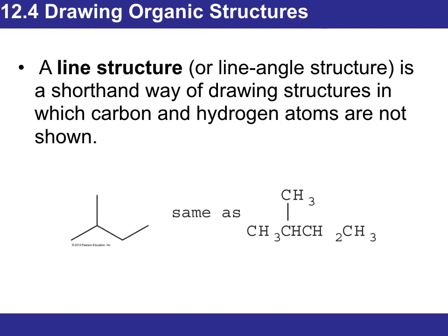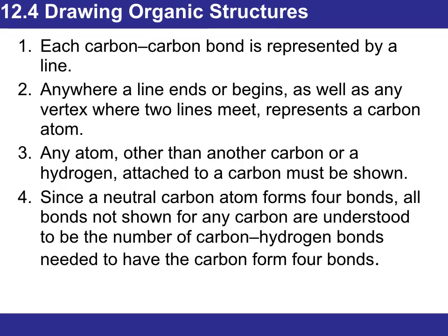So how do you draw those line structures? Well, as I said, it's a shorthand way of drawing structures in which you don't actually show the carbon or hydrogen atoms. Those are the key rules. Each carbon-carbon bond is represented by a line. Anywhere a line ends or begins, as well as any vertex where 2 lines meet, represents a carbon atom.